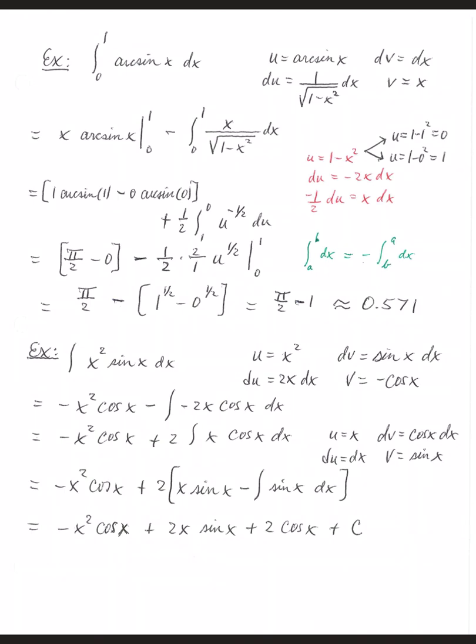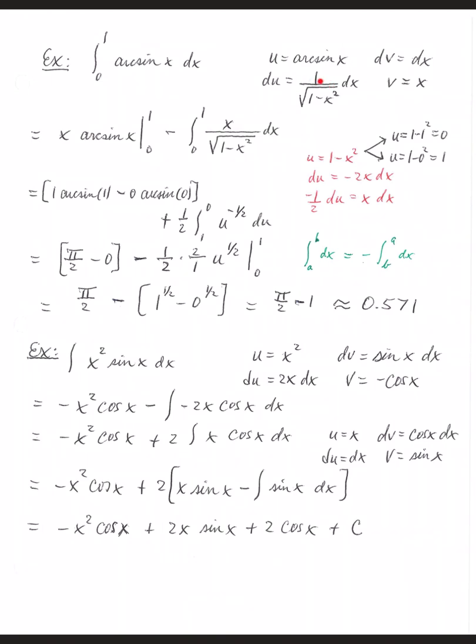And what that'll do for us is, from the checklist, inverse trig ranks higher than algebraic because 1 can count as an algebraic term. So u is equal to arc sine of x, and it has a derivative of 1 over square root of 1 minus x squared dx.